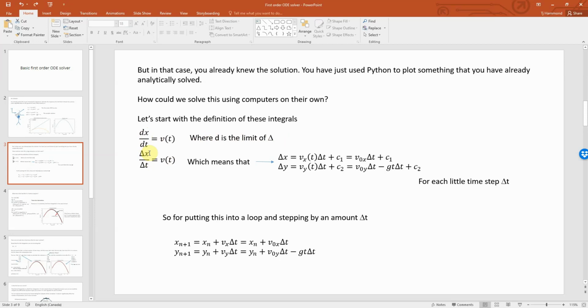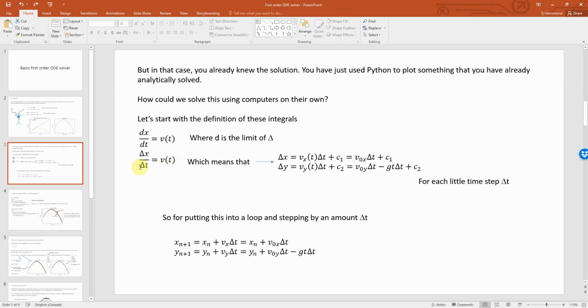In the numerical solution, instead of dx by dt, because it doesn't actually go to infinitely small dt, we have delta x by delta t, where delta t is some finite time step that we can actually use in our computer algorithm.